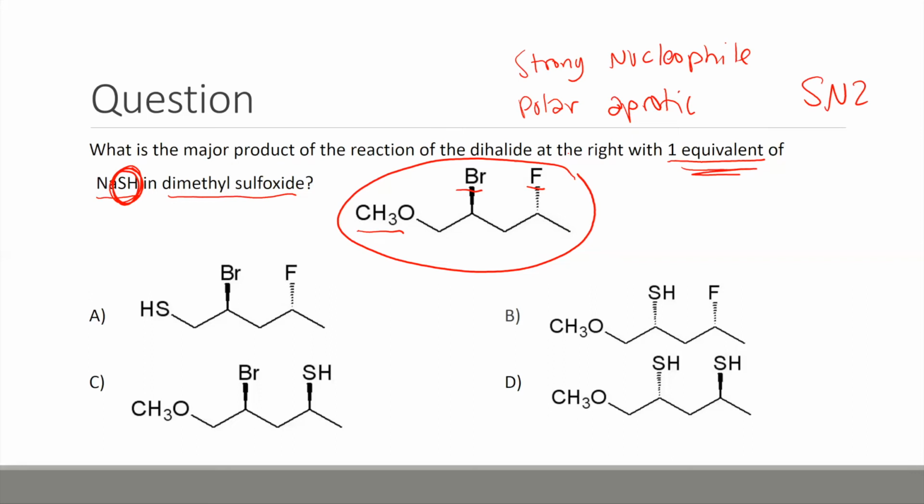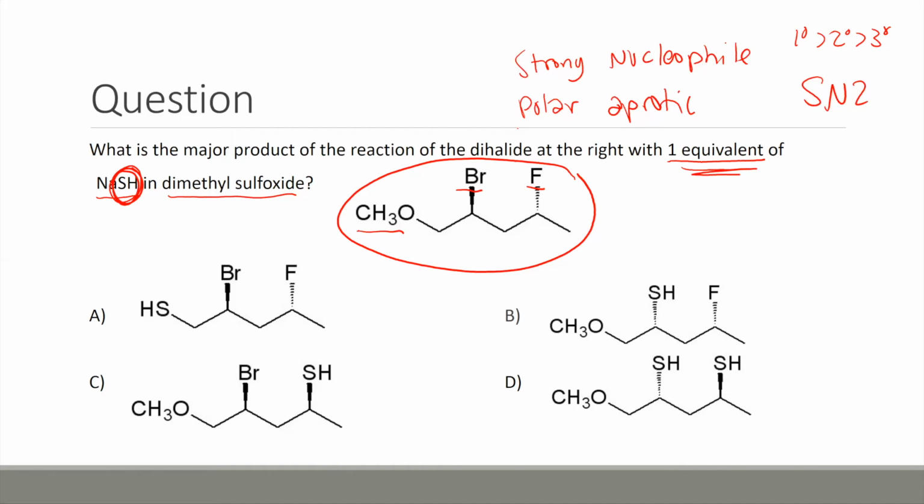So we're comparing things like the positioning. Is it a primary, secondary, or tertiary position for the leaving group? And we're also thinking about how good it acts as a leaving group, as an electrophile.